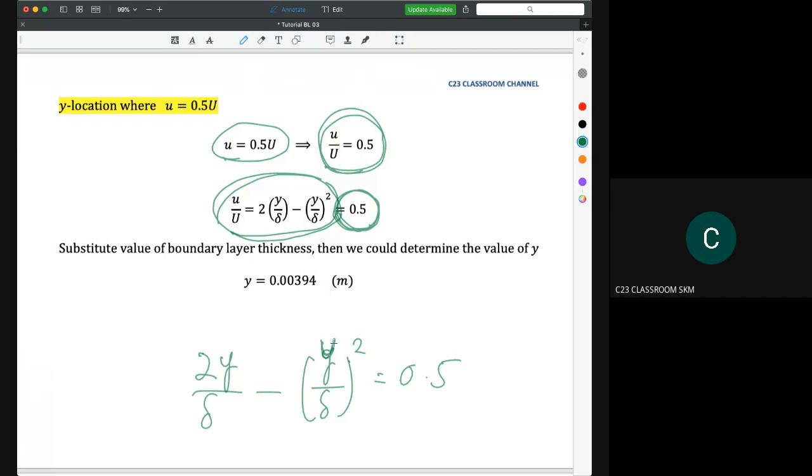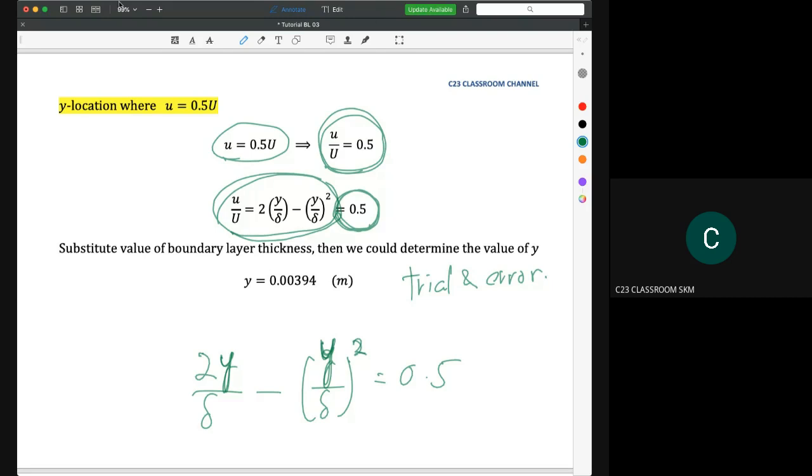However, it might be a little bit difficult because we have one y with the power of 1 and another y here with the power of 2. So we need to solve this by using the idea of trial and error. You may use your scientific calculator to get the value of y.